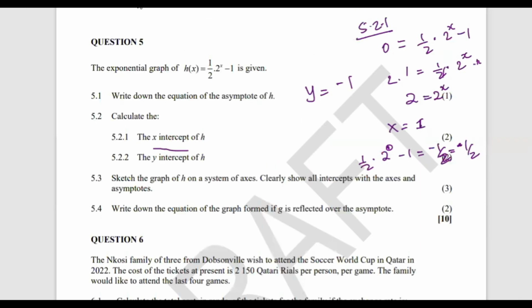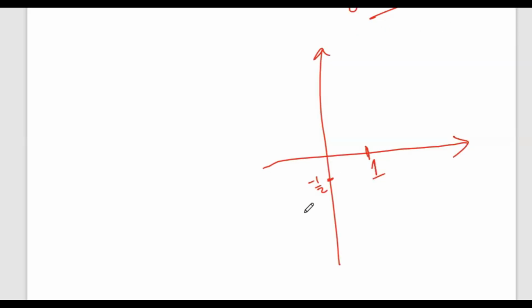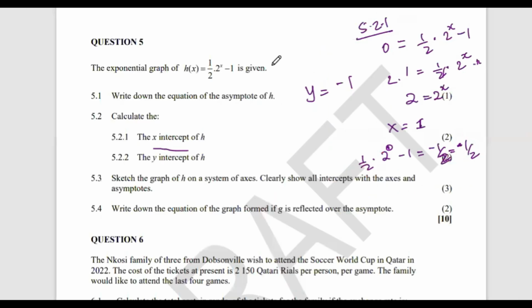Our asymptote is negative 1. Doesn't matter, you can just put it as negative 1. So that is the asymptote. So we can even see, even if we don't know the direction, the graph cannot move in this direction now. It automatically has to move in this sort of direction because it's an increasing graph because of the 2 to the x.